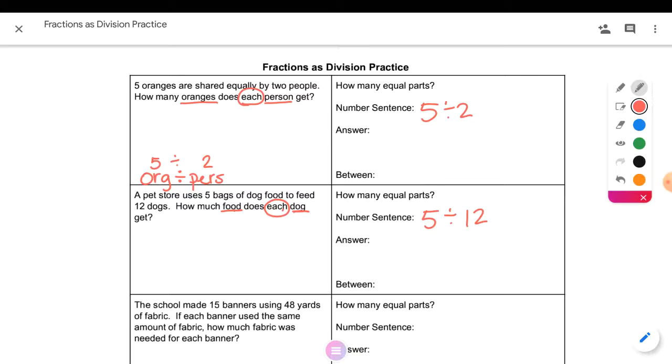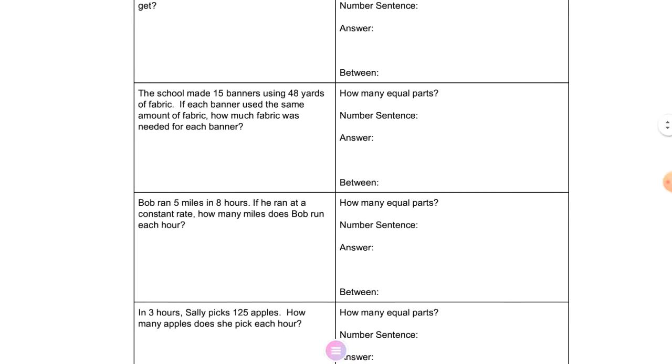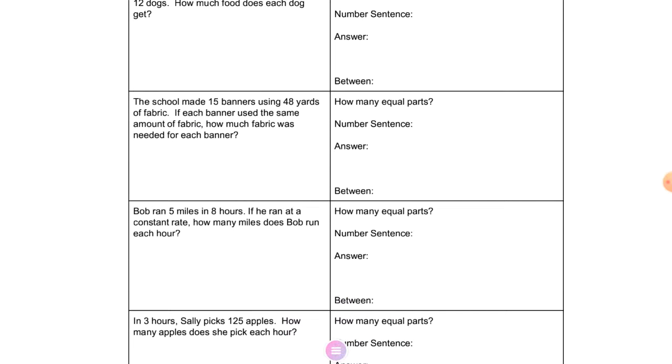Reese, in the banner problem, what do you think I want you to circle? Each. Paxton, what's something you think I want you to underline? Banner afterwards. Usually the one after is easiest to find because there's fewer words.